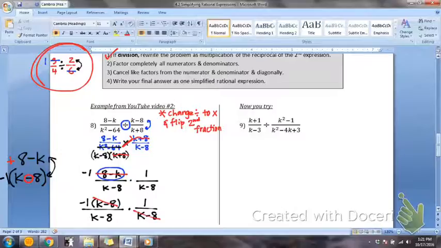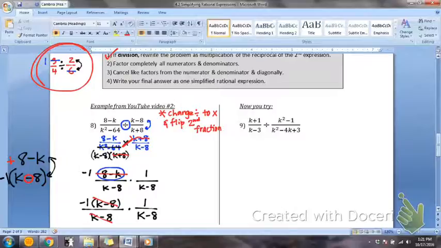Could you have canceled it like this? Could you have canceled top and bottom instead of diagonally? Can you reduce 2 over 4 like this, top and bottom? It's not different. It's the same. So you can cancel diagonally across, look at the board as I'm doing this, or you can cancel on top of each other.